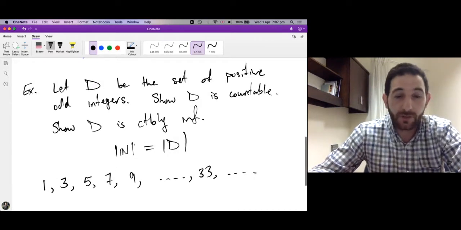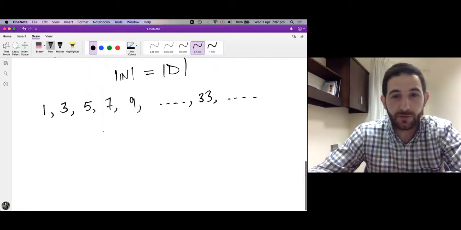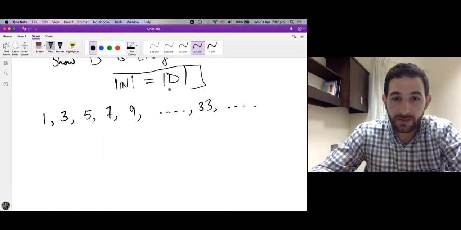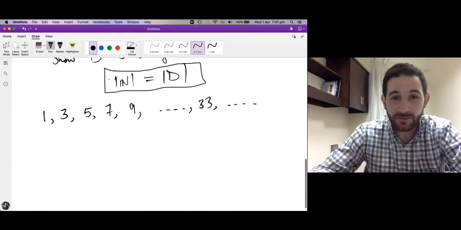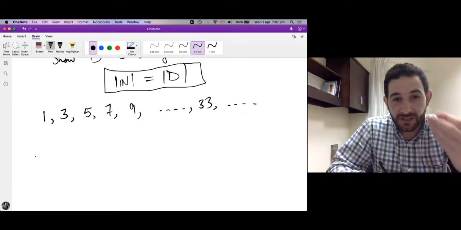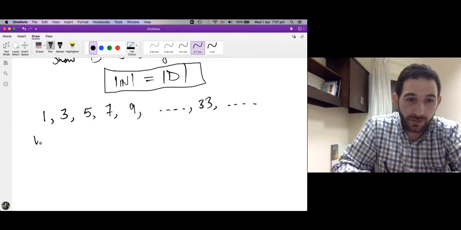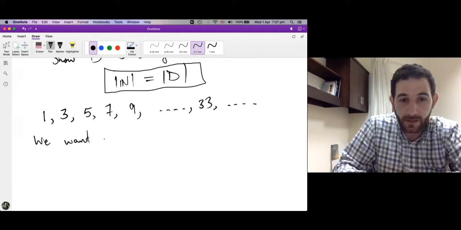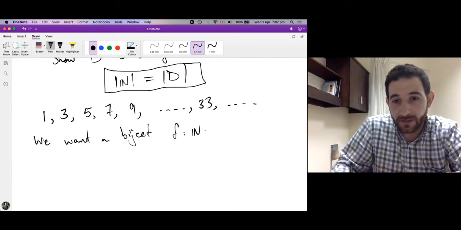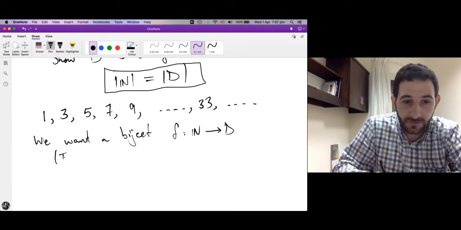Now, this is a quick solution for the question, but if you want a very detailed solution, then we need to show that the cardinality of N is equal to the cardinality of D, which means that we will give a bijection F from N to D to show that D is countably infinite.